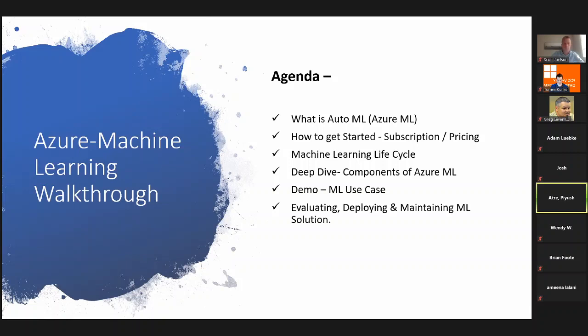We'll do a quick demo on the basic regression and classification model, which is the case study by Microsoft, who provided the data sets publicly for that, so it will be easier to go through it. And at the last, we'll see how to evaluate the models, and how to deploy and maintain the ML solution.